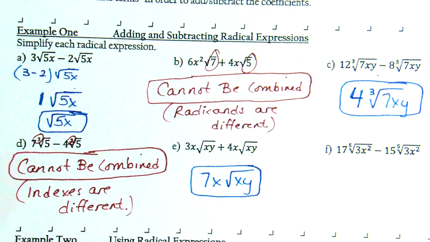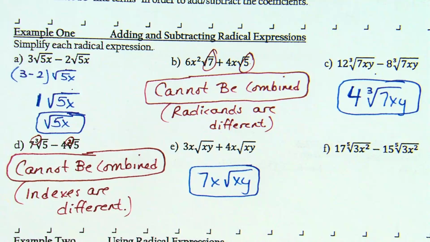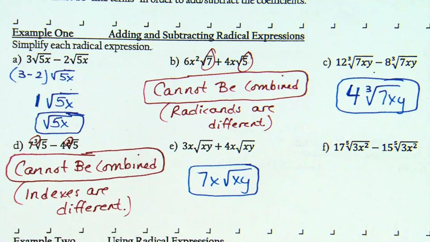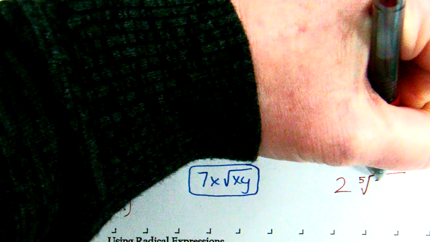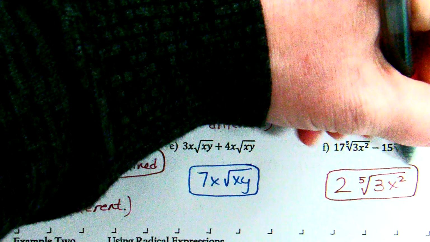Next, 17 times the fifth root of 3x squared minus 15 times the fifth root of 3x squared. 17 of something minus 15 of something is 2 of something, and that something is the fifth root of 3x squared.